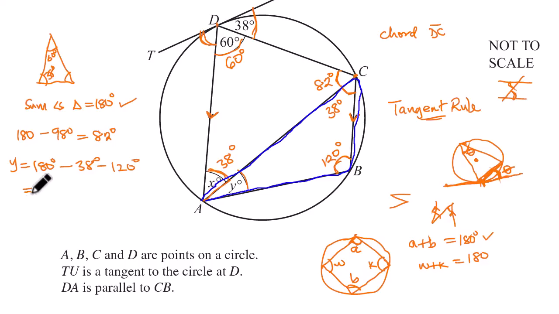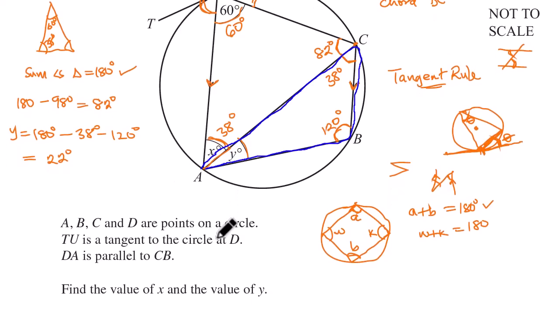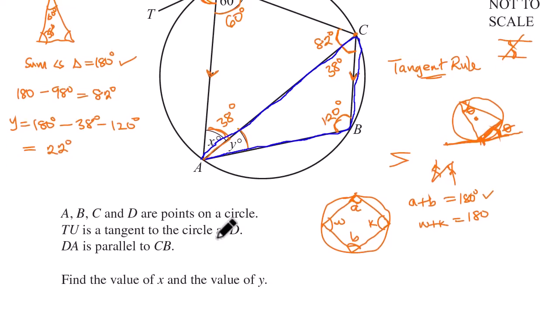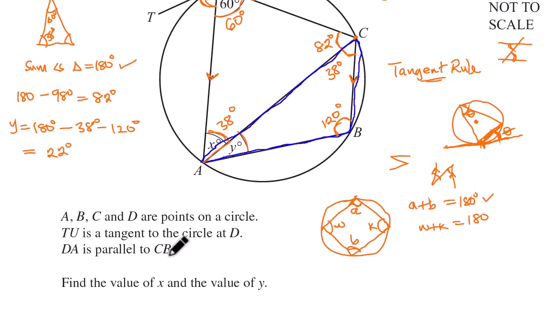That's simply 22 degrees. So it's as simple as that. The question actually asked us to find x and y, and we have just done that. So the value of y is 22 degrees, and the value of x that we got earlier was 38 degrees.